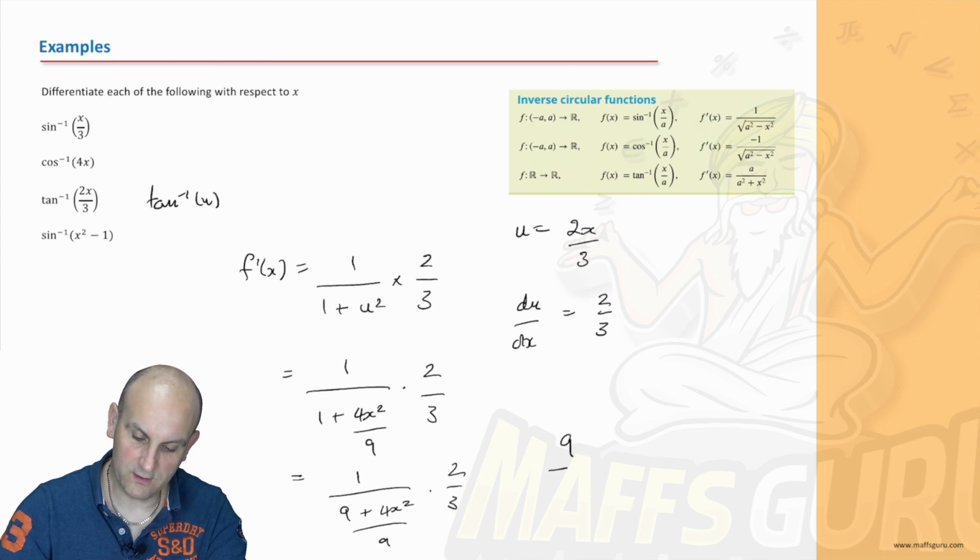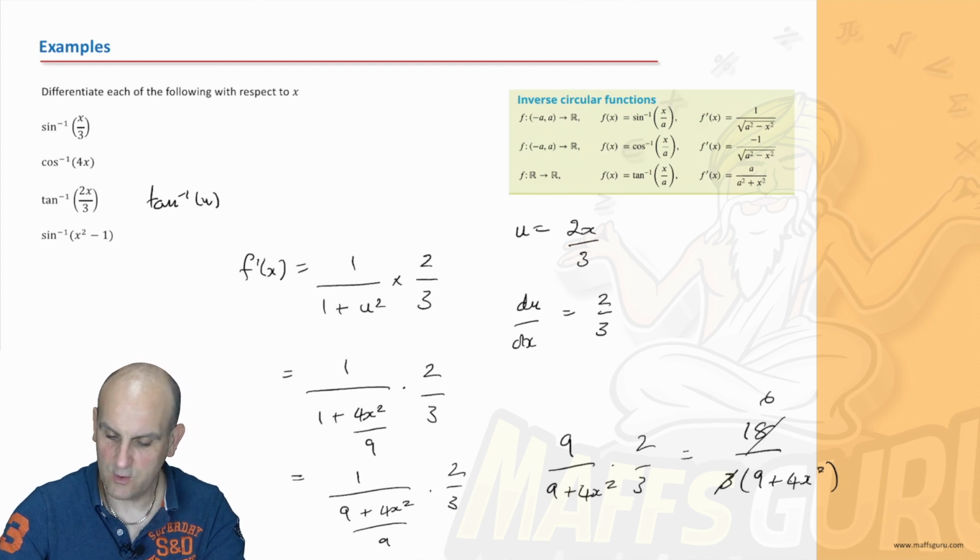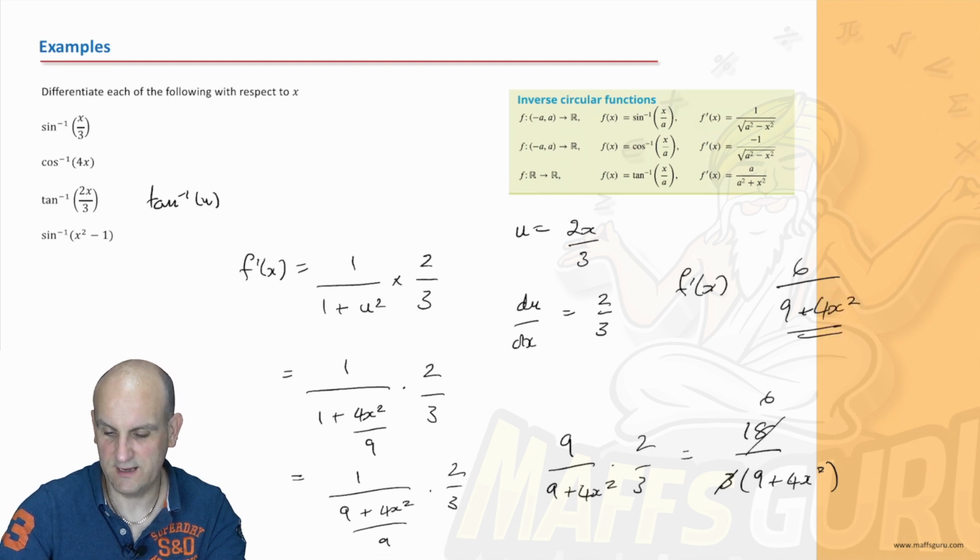Reciprocate that gives me 9 on 9 plus 4x squared times 2 on 3, which gives me 18 on 3 lots of 9 plus 4x squared, and 3's go into there 6 times. So 6 on 9 plus 4x squared is my differential.